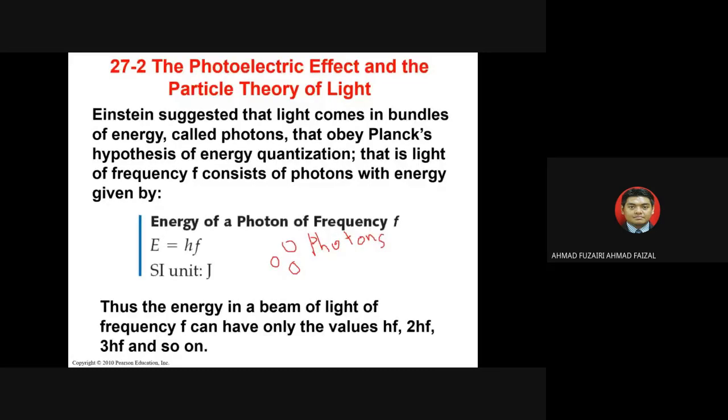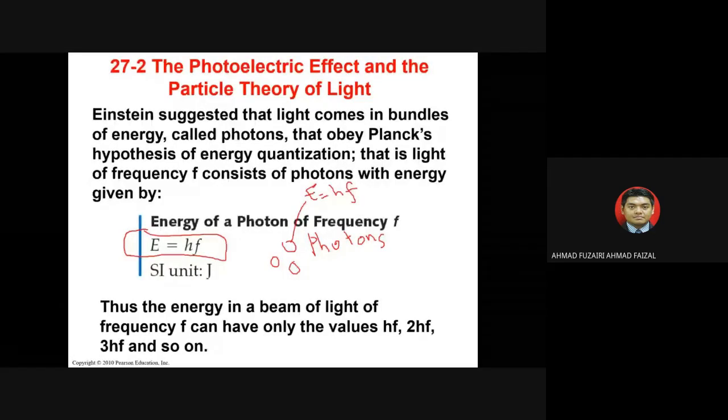Each photon obeys Planck's hypothesis of energy quantization, whereby the energy of the photon is given by E equals hf, meaning that the energy of the photons depends on the frequency, and each frequency reflects a certain color.